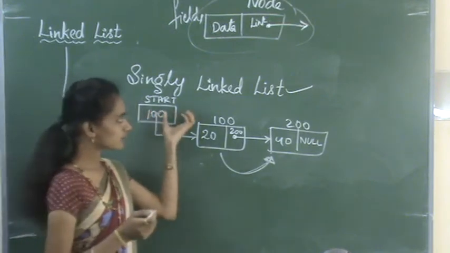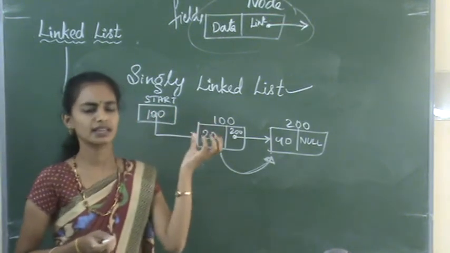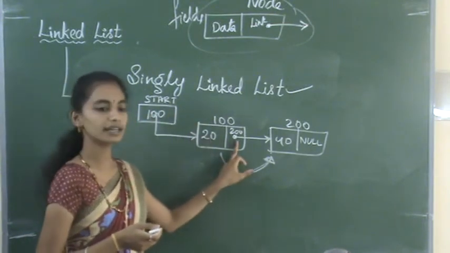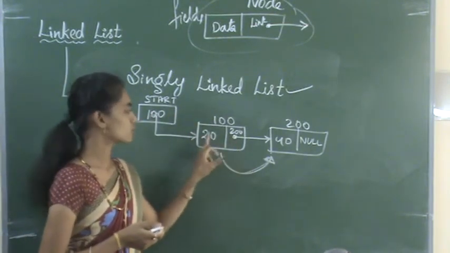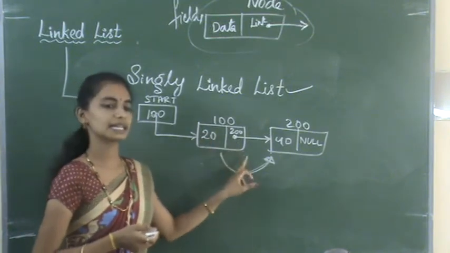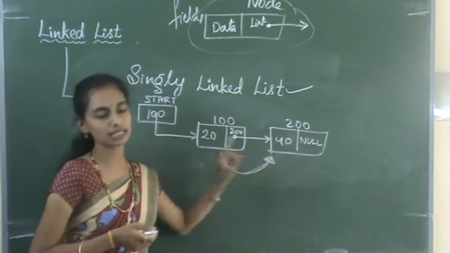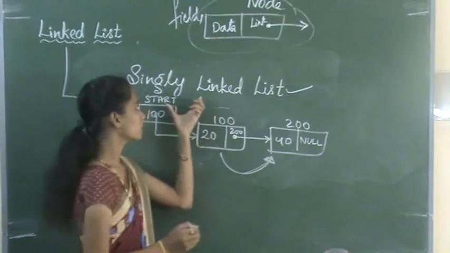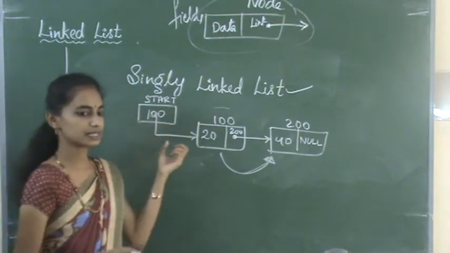So it contains two fields, in which each node contains the data field and the link field. The data field contains the data of the node, the link field contains the address of the next node, and the complete thing we call a node.